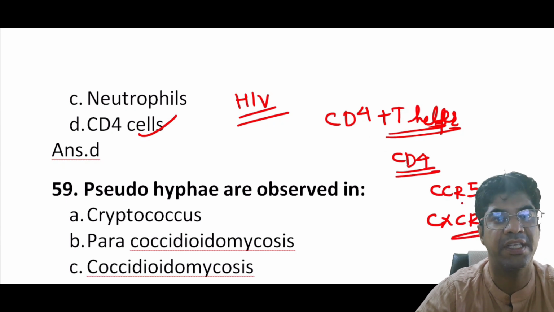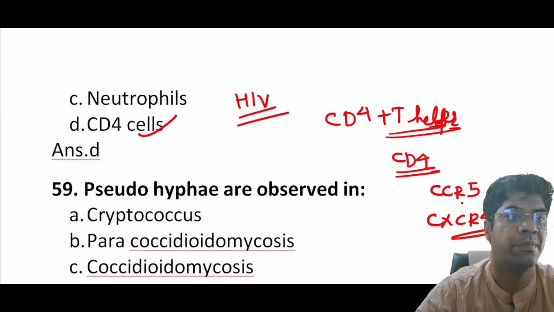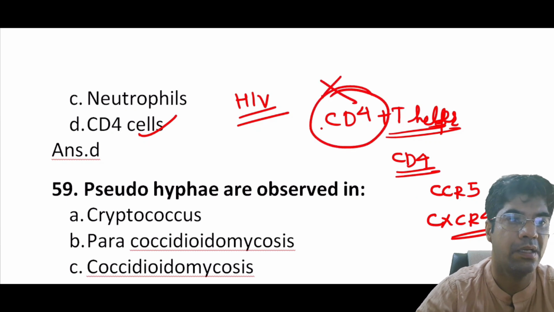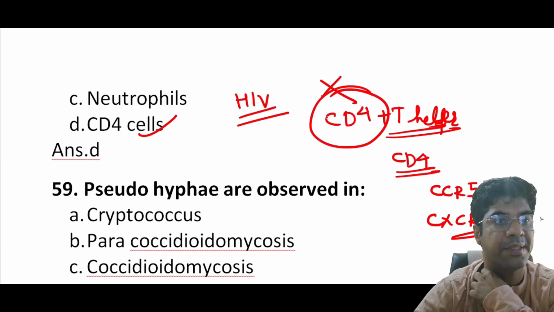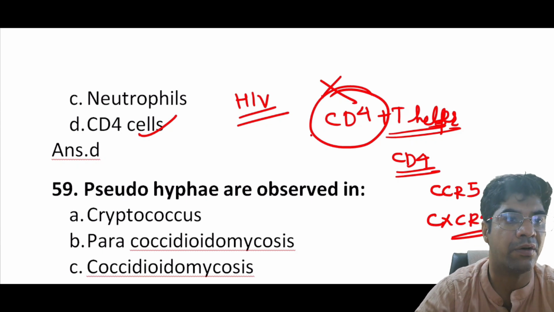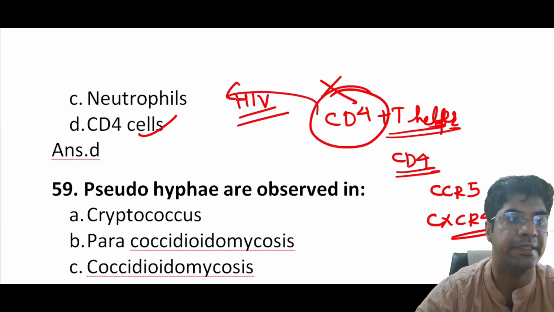So once inside the cell, HIV uses the cell machinery to replicate and produce new viruses. There would be destruction of the CD4 cells. So the replication process causes the death of the infected CD4 cells. As the CD4 cells decline, the immune system becomes impaired, leading to the development of AIDS.